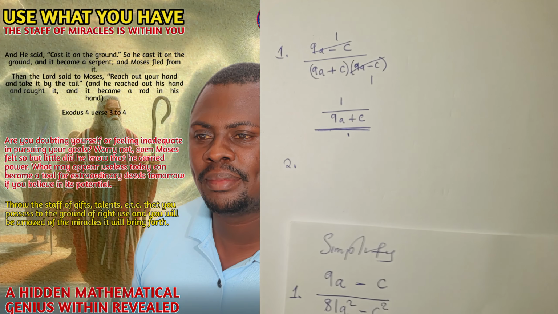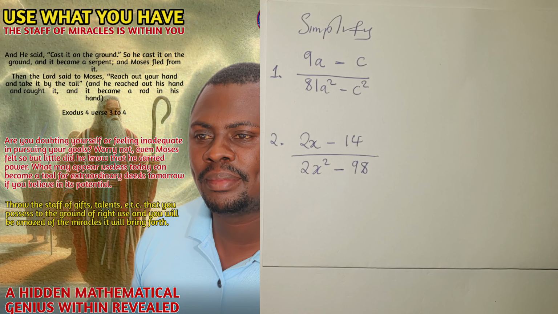Then the second one we have 2x minus 14 over 2x squared minus 98. Okay, so if you start with the numerator, is the numerator factorizable? Yes, the numerator is factorizable by common factor.